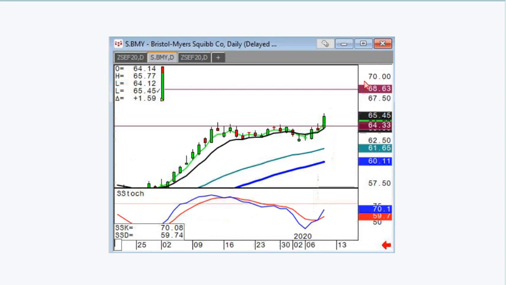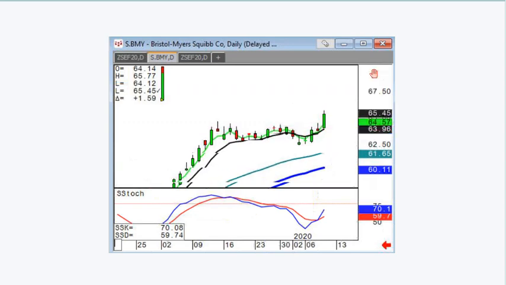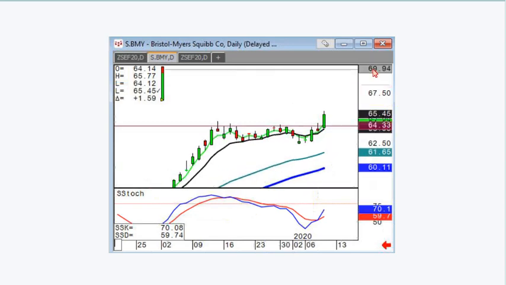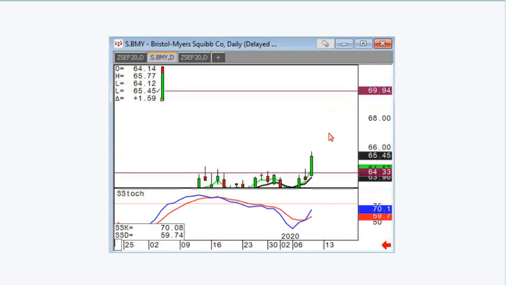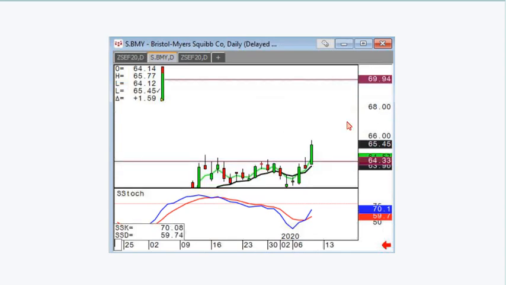Or if I know that it could go to 70, let's say 75, way up here somewhere, maybe I buy a 67 and sell a 71. 4 points. And let's say I'm paying 65 cents for that spread. If that goes up above 71, my 65 cents now goes to $4.